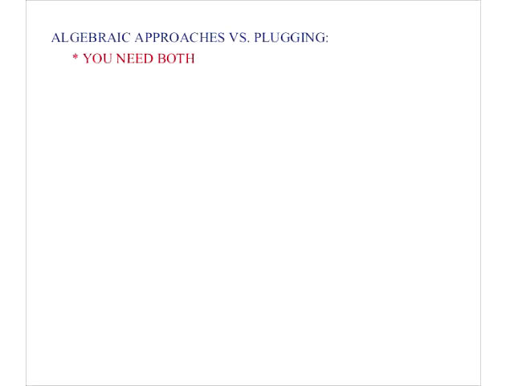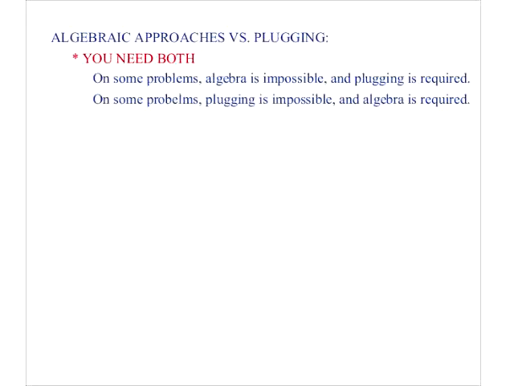What I mean by you need both is that on some problems, algebra is impossible and plugging is required. On some problems, plugging is impossible and algebra is required. Also, I spelled problems wrong.